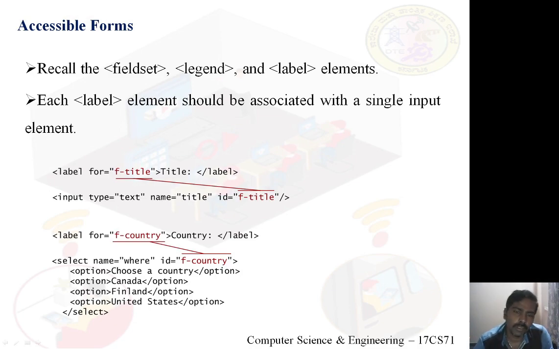Got it? So for the text box, let me give an identification, f-title. And for the select menu, let me give an identification, f-country.